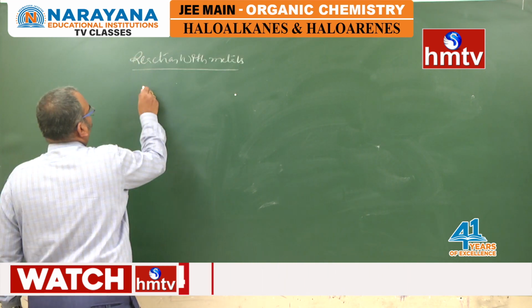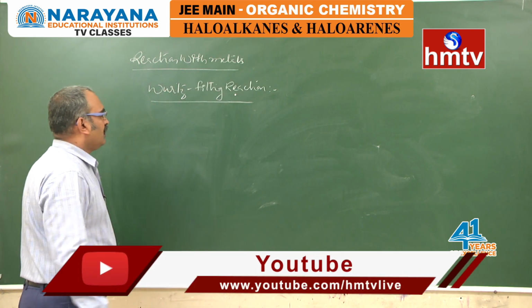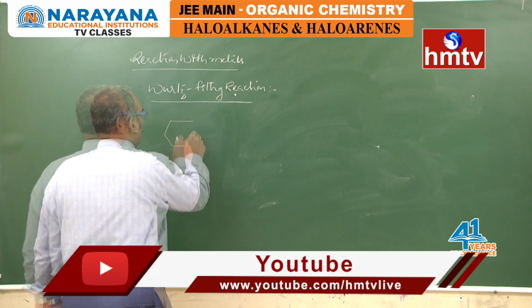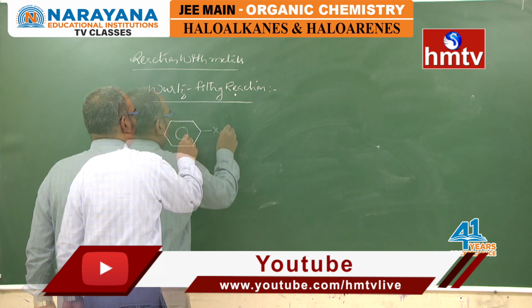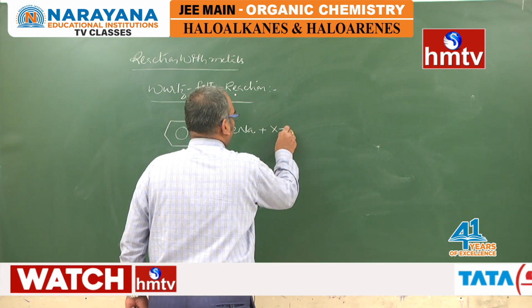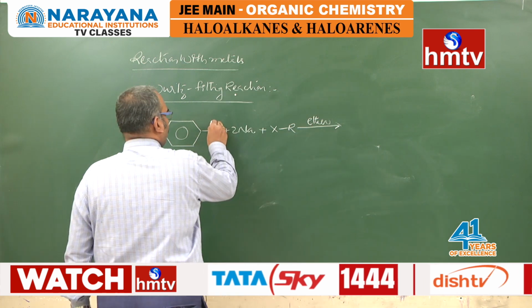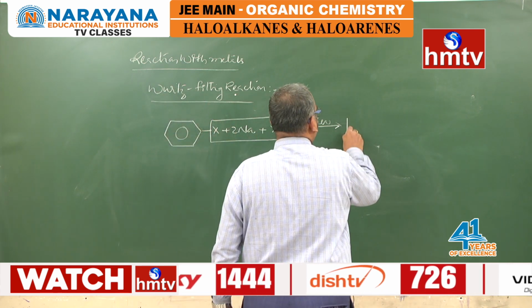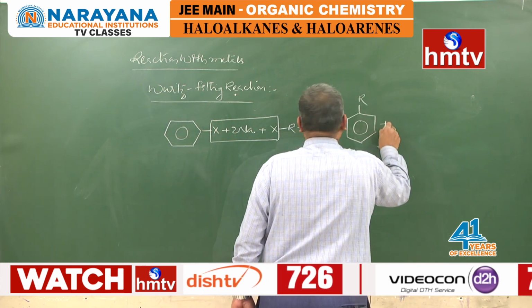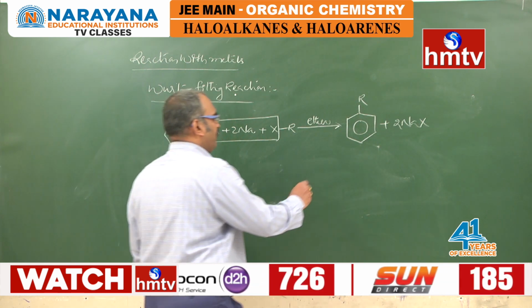And the first one is Wurtz-Fittig reaction. In Wurtz-Fittig reaction, the halobenzene is made to react with metallic sodium and another alkyl halide in ether medium. Then we get alkyl benzene along with 2NaX. This is alkyl benzene.